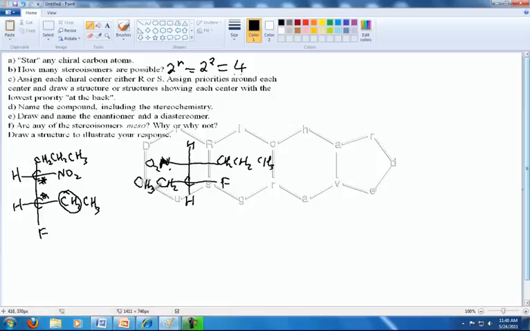So it's going to be incorrect for me to make this CH2 and make this CH3. I want to keep the connectivity the same as this thing rotates around. Alright, so now we've got the lowest priority groups in the back in each case.